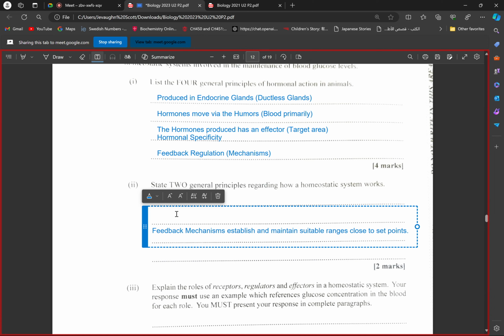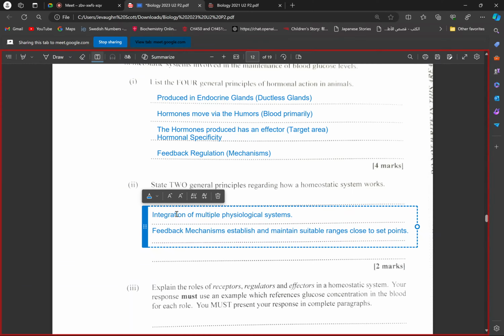Because homeostasis involves the integration of multiple physiological systems rather than a single system.